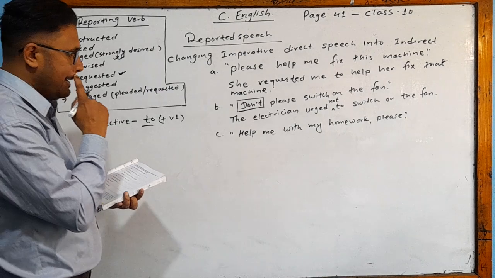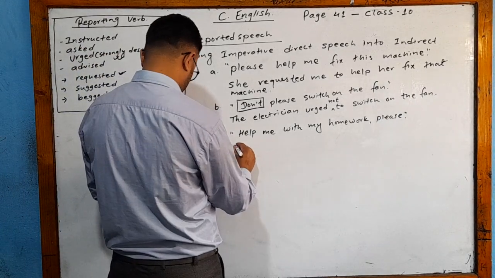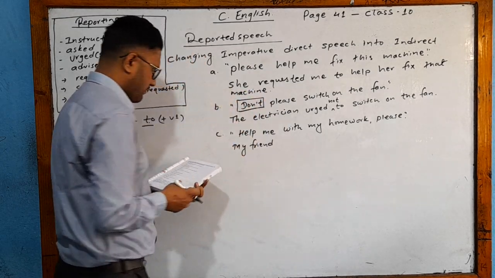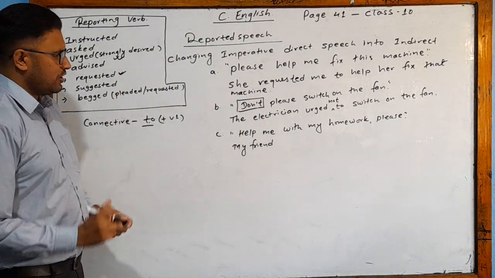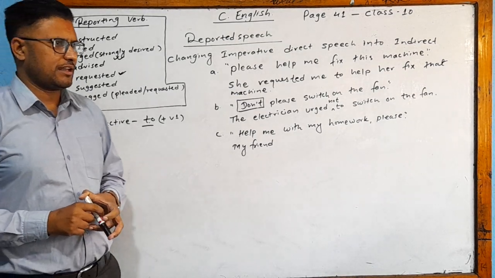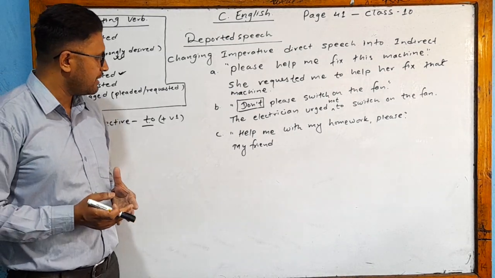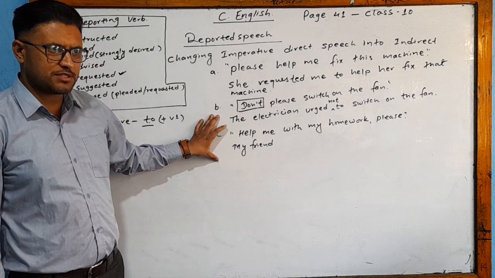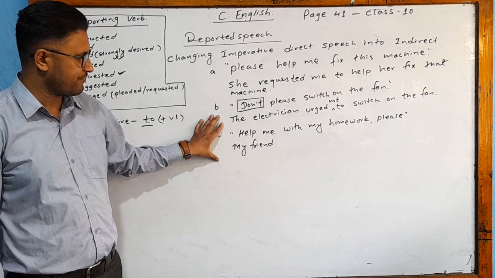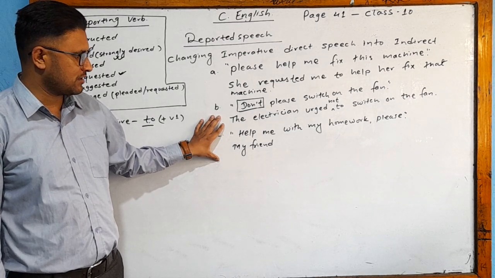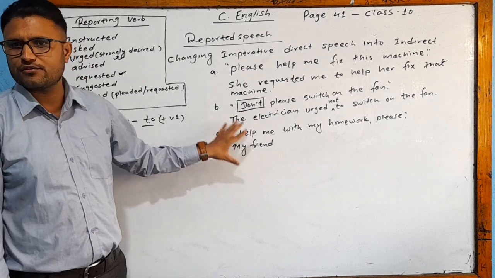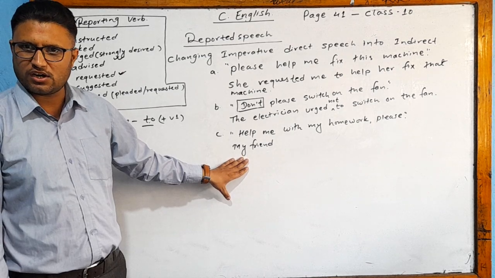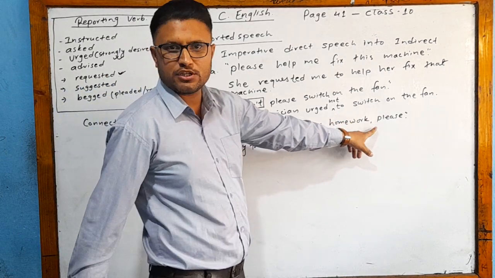The beginning is my friend. Look here. This also looks like a request. A person is having difficulty with homework, and he or she is asking a friend for help. This also looks like a polite request, because please has been used.